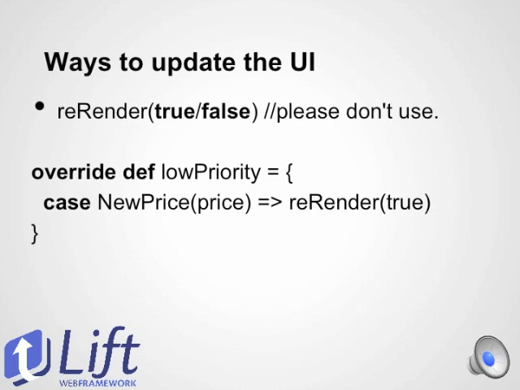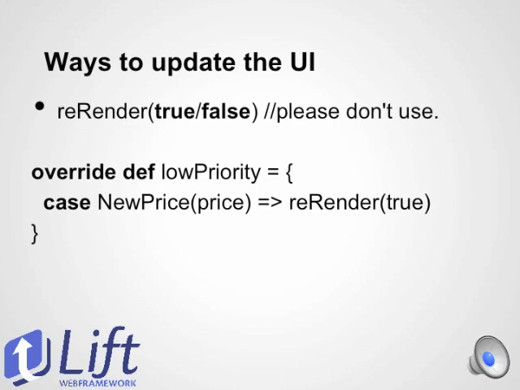If for some reason you feel you need to and there's no way around it, we give you the tools to do that. The way to use reRender is the same as partialUpdate. There you have an example: you overwrite lowPriority, mediumPriority or highPriority, it listens for a message, and then to the right of the arrow, you call reRender, and it can be true or false.